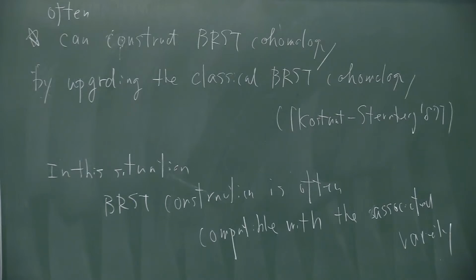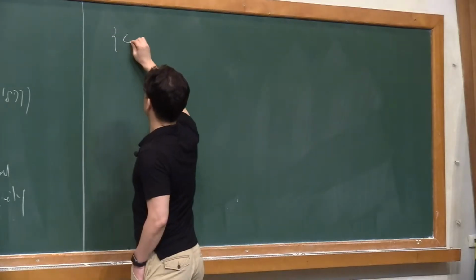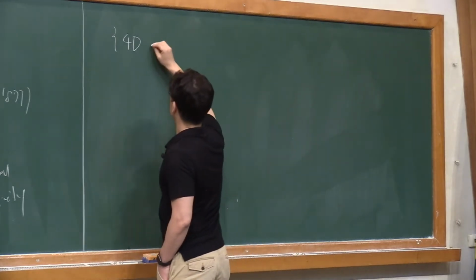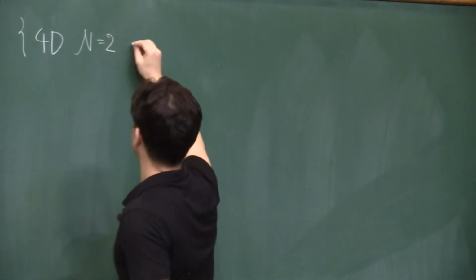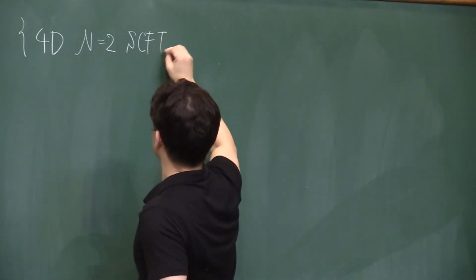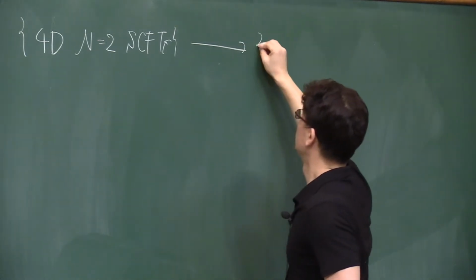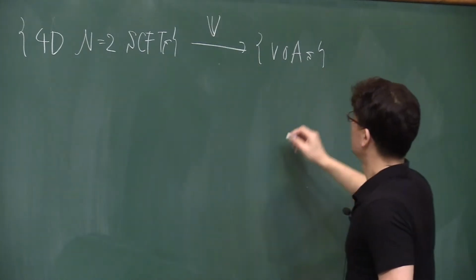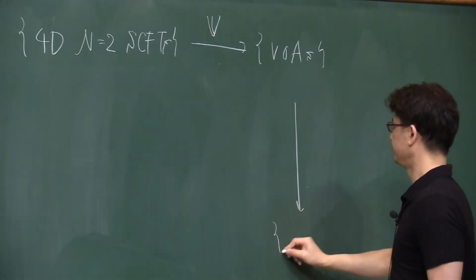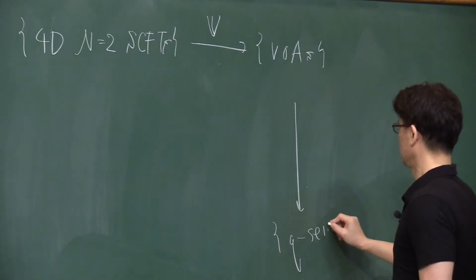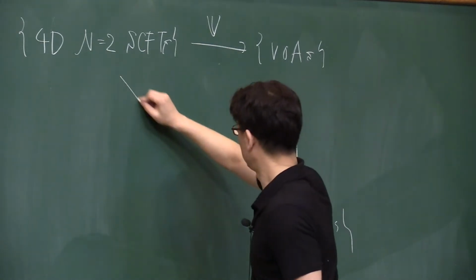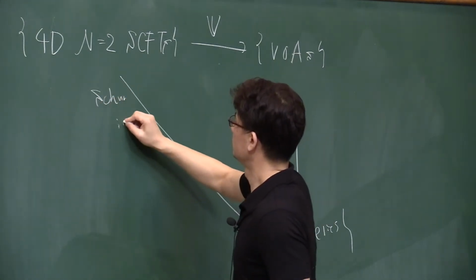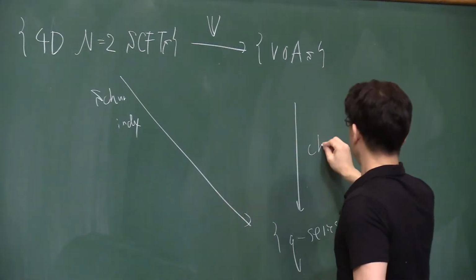So let's go back to what we were discussing. We were discussing the 4D, 2D correspondence. So we have some remarkable map which sends 4D N=2 theories to VOAs, which makes this diagram commutative. This is the character.